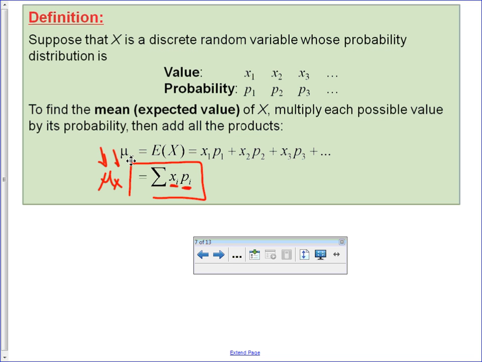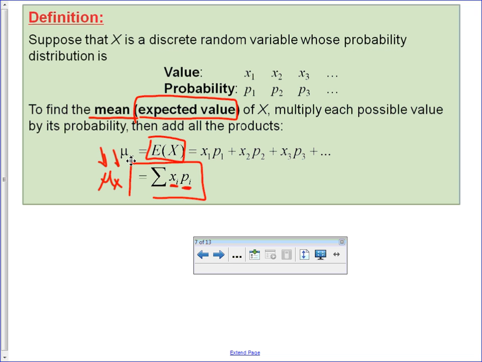You will also see this, E sub x, because the mean of a random variable is also the expected value. And what does expected value mean? Well, remember, probability in the law of large numbers says that any outcome will get the experimental probability if we run it many times.